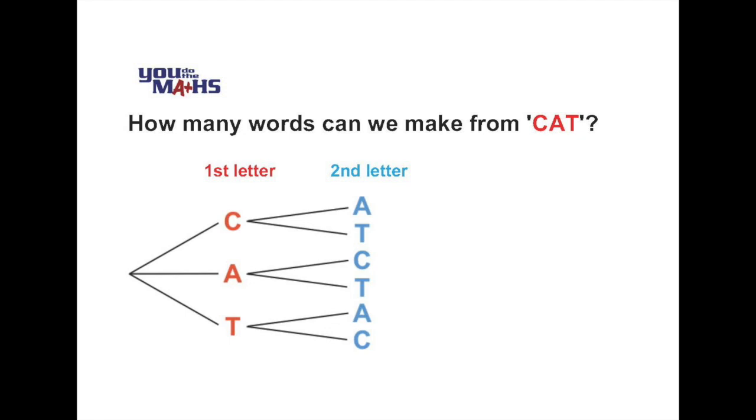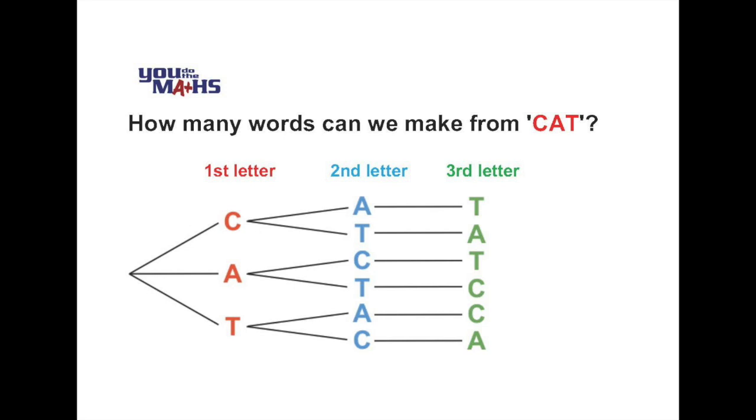Likewise, if we used A first, we can use C or T for the second letter. Now for the third letter, there'll only be 1 branch because we've only got 1 option left. So from C and A, the only option left is a T. Likewise, from C and T, the only option left is an A. So in each one of these cases, we started off with 3 branches, then 2, and then down to 1.